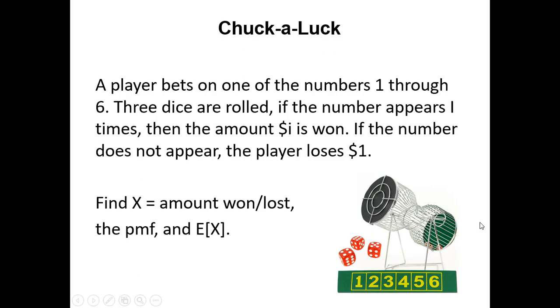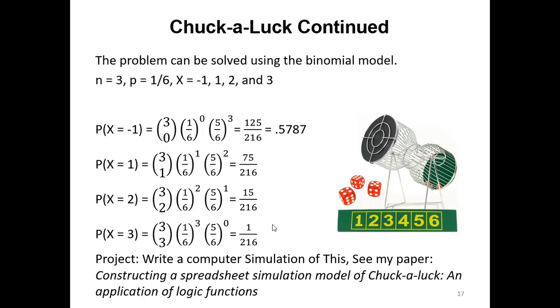And here we're interested in our random variable x, the amount won or lost, and the expectation of x. So here's an example of the probability distribution for this. Okay, we could work all of these numbers out. We get the probability distribution.